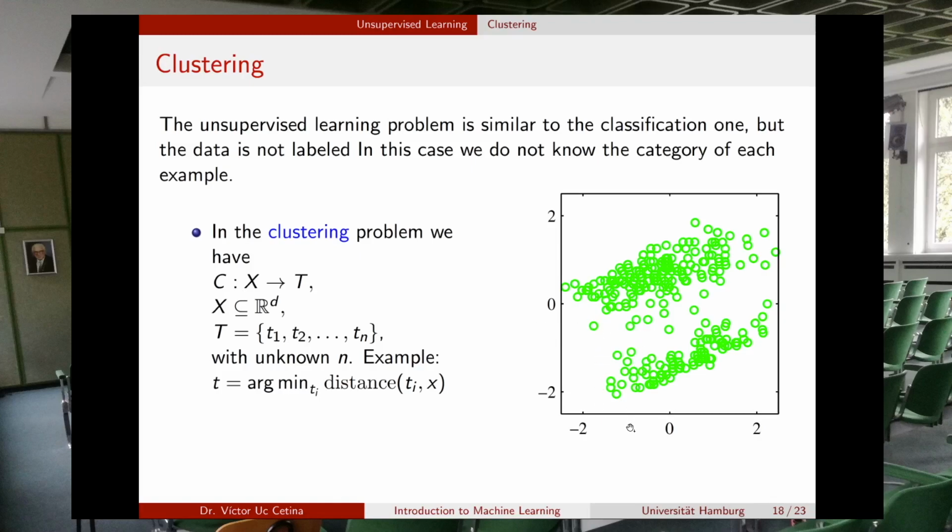In this case, these are points in 2 dimensions, so we have coordinates x1 and x2, and we can imagine that the T's are like centroids of this cloud of points.